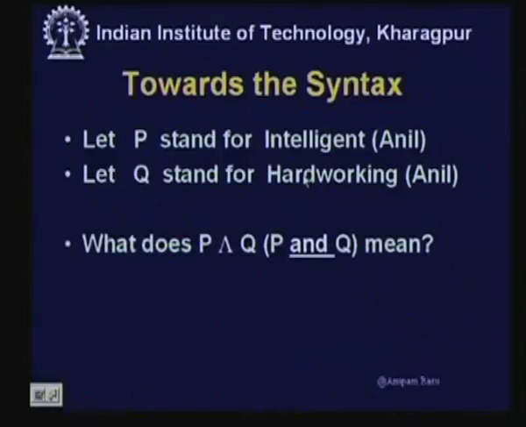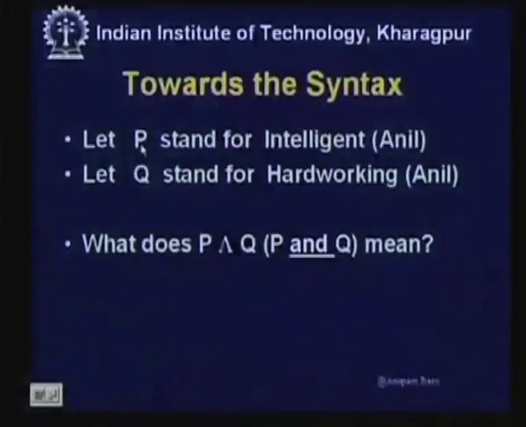Now, look at this symbol, this is a logical AND. What does P and Q mean? P and Q is a new proposition. Now, P and Q is true when P is true and Q is true, when both of them are true.